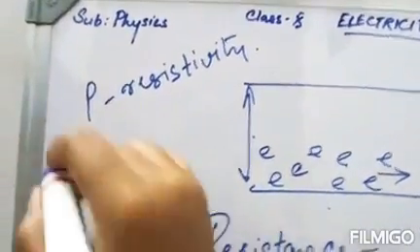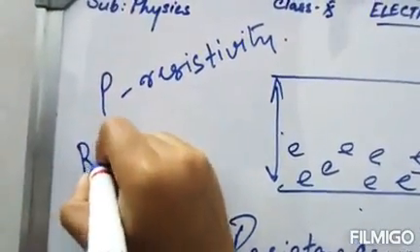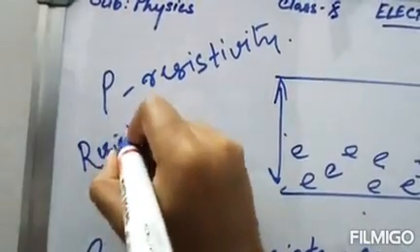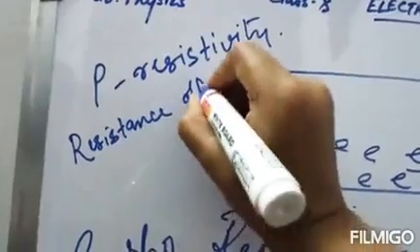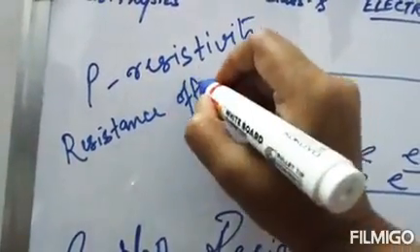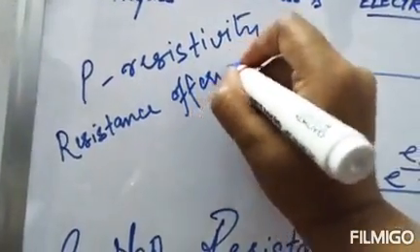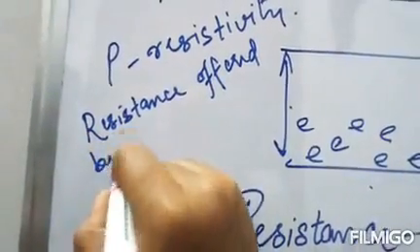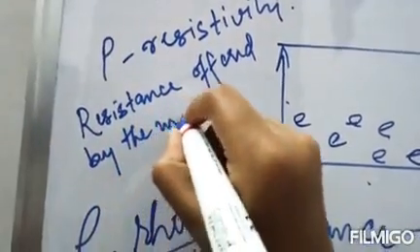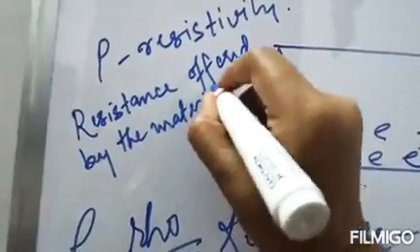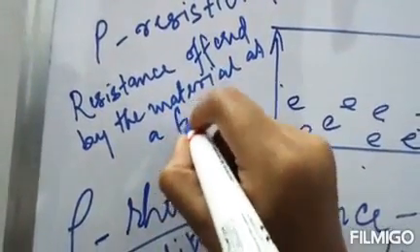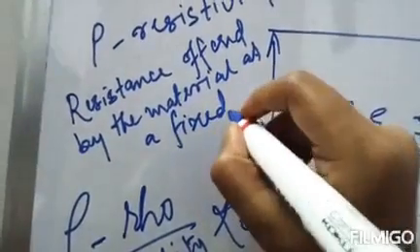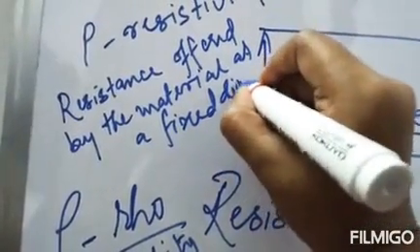Resistivity means it is the resistance offered by the material at a fixed dimension. Why are we mentioning fixed dimension?